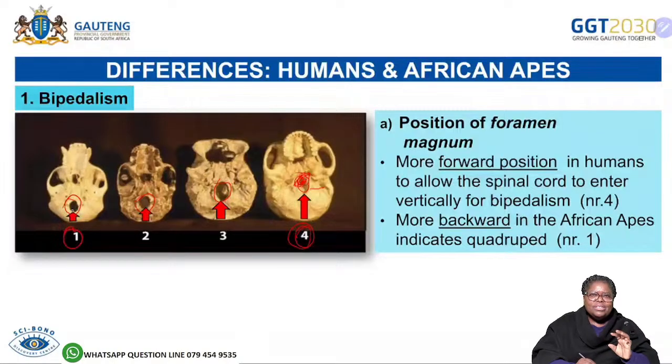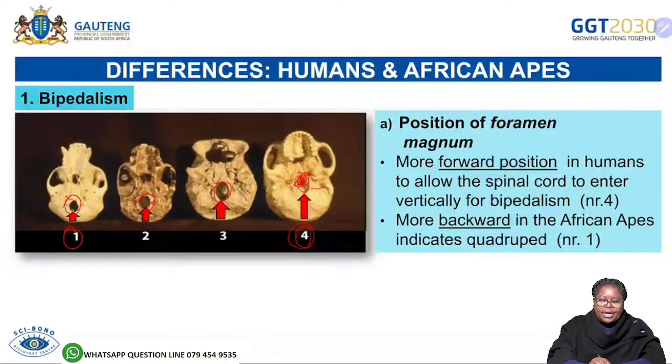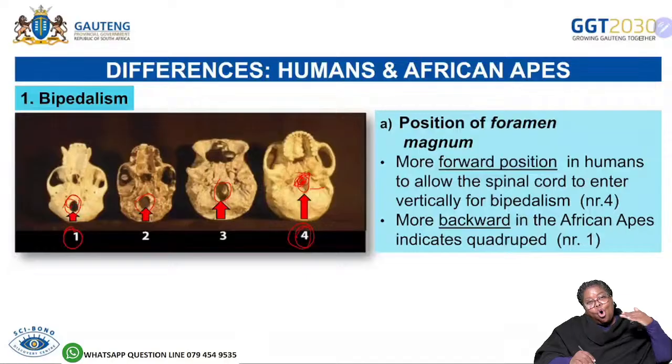So it's important to indicate the direction, girls and boys. So the spinal cord in number 1, in the skull of the African apes, it enters the foramen magnum horizontal. So it's in a more backward position so that the spinal cord enters horizontal.